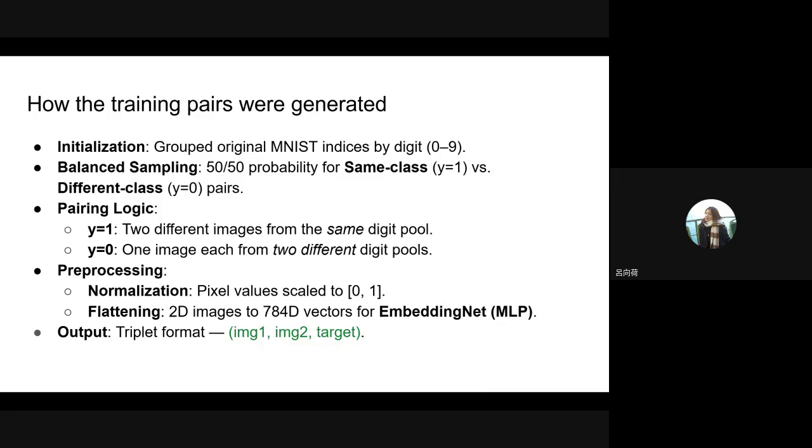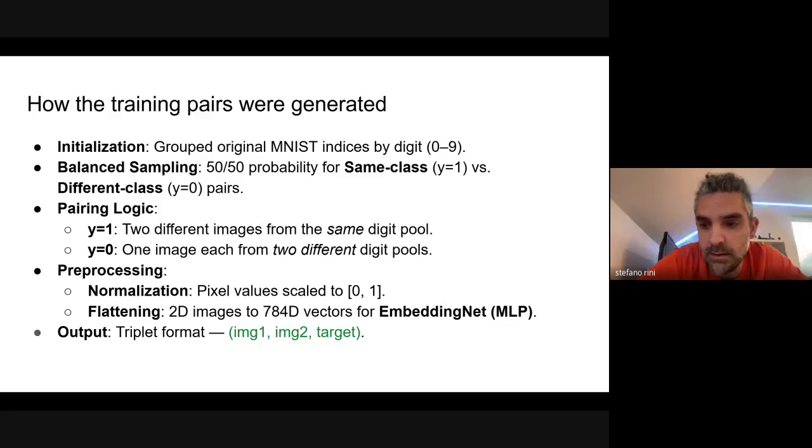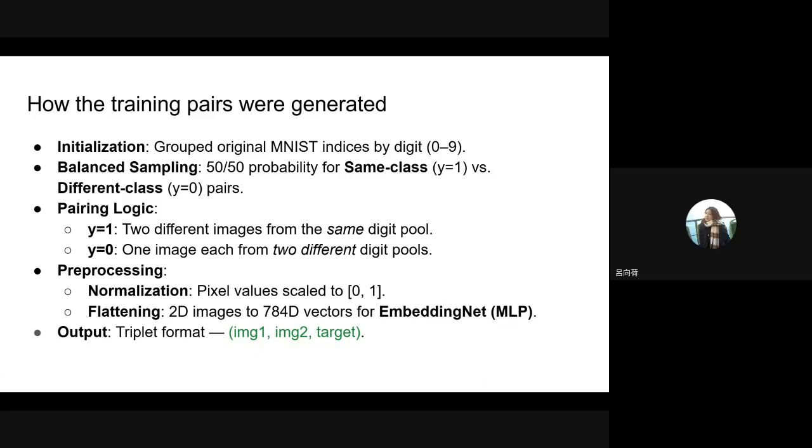I think we calculate the distance between the embeddings. So the embeddings will be image one and image two, right? Yes.